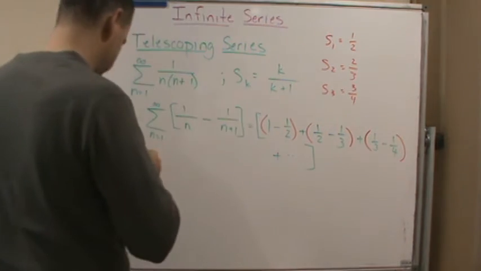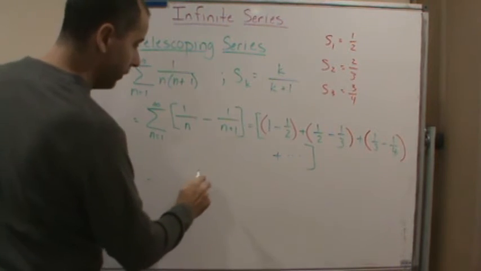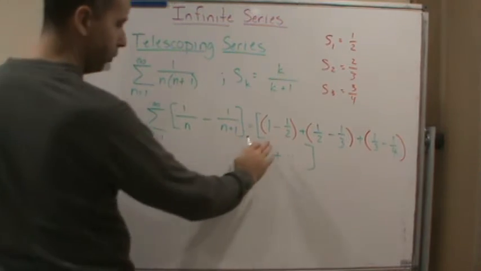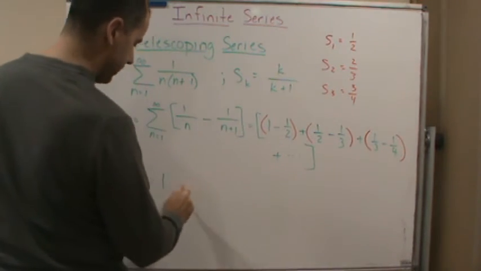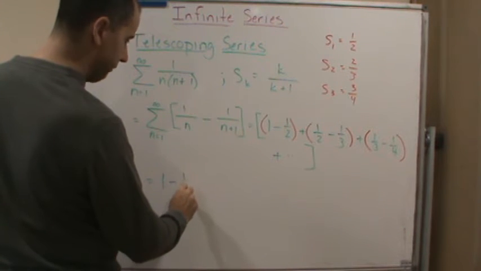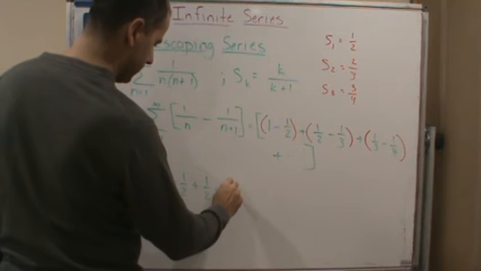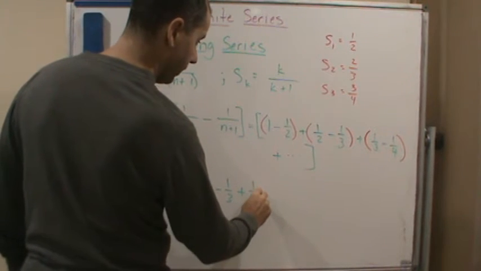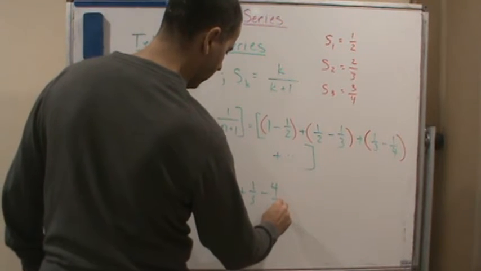Let me write it out one more step. Now I'm going to drop the parentheses and move things around. So this is going to equal 1, and then minus 1/2 plus 1/2 minus 1/3 plus 1/3 minus 1/4.